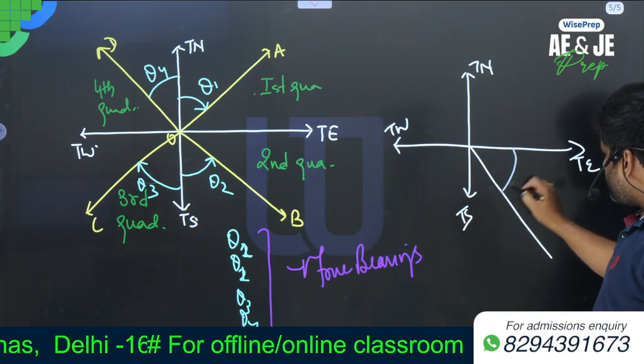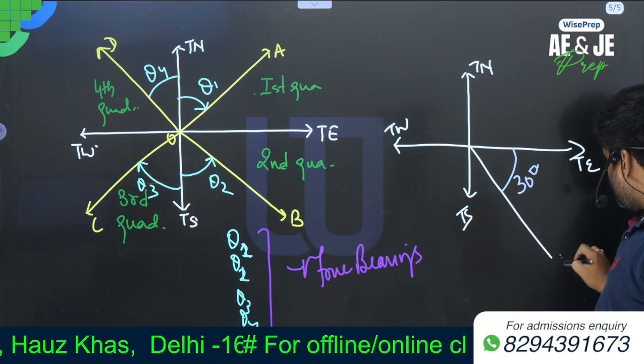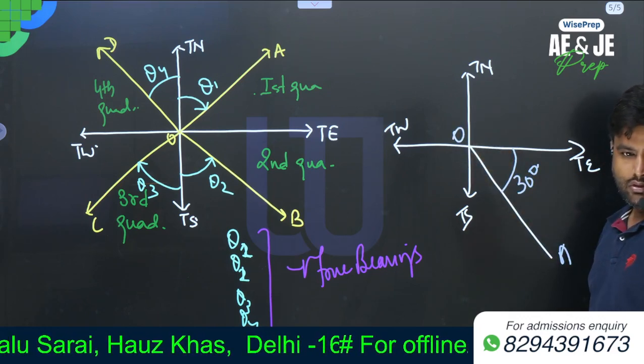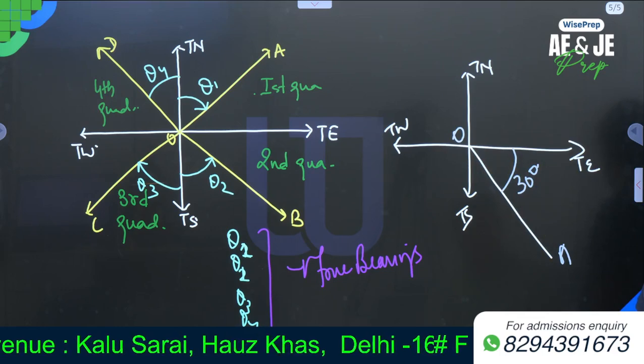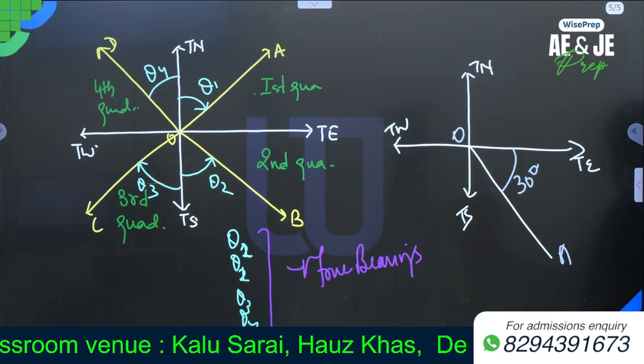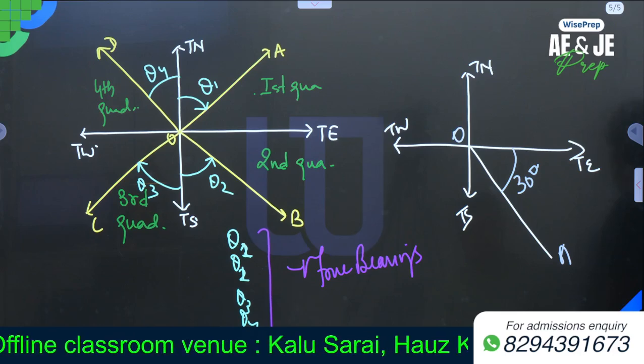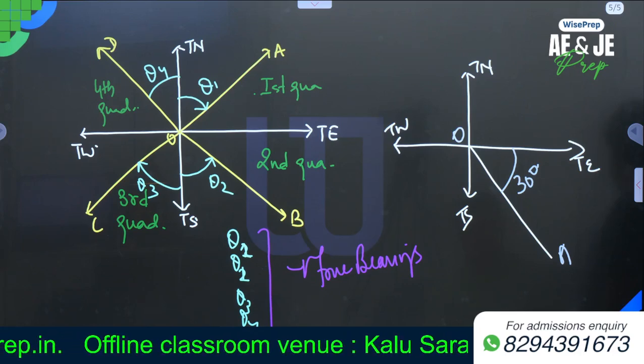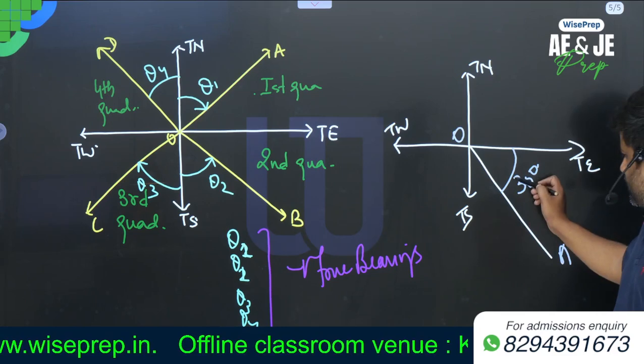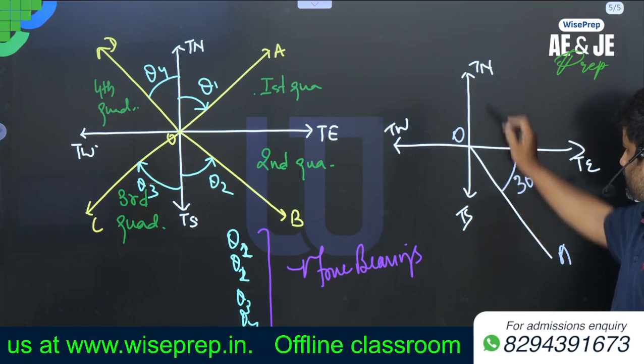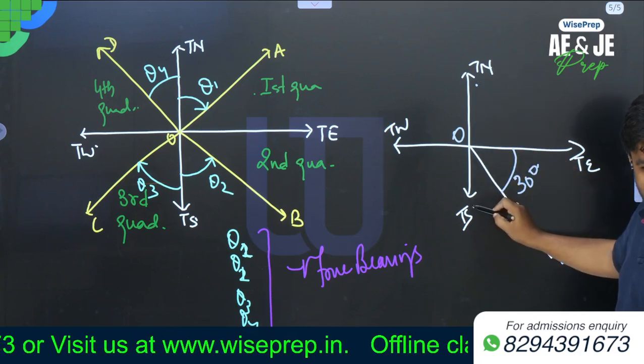Suppose I say 30 degrees, and I ask you to find the bearing of OA. What will be the answer? This is 30 degrees, and bearing has to be with either north or south.